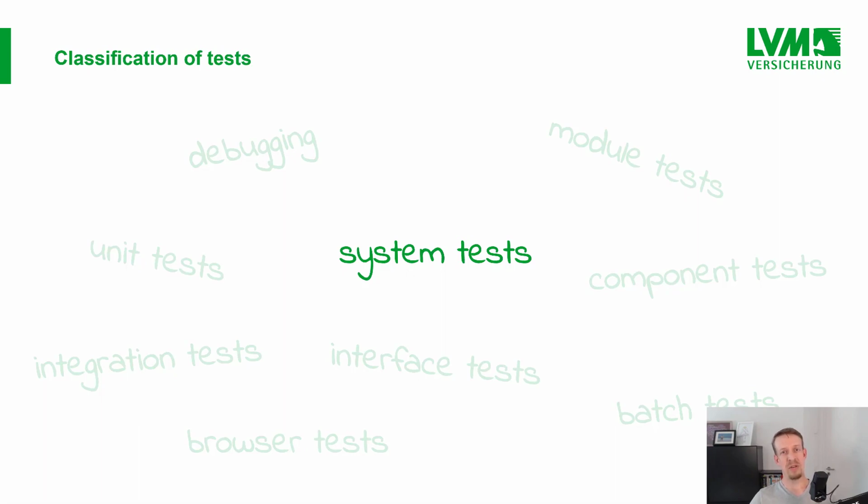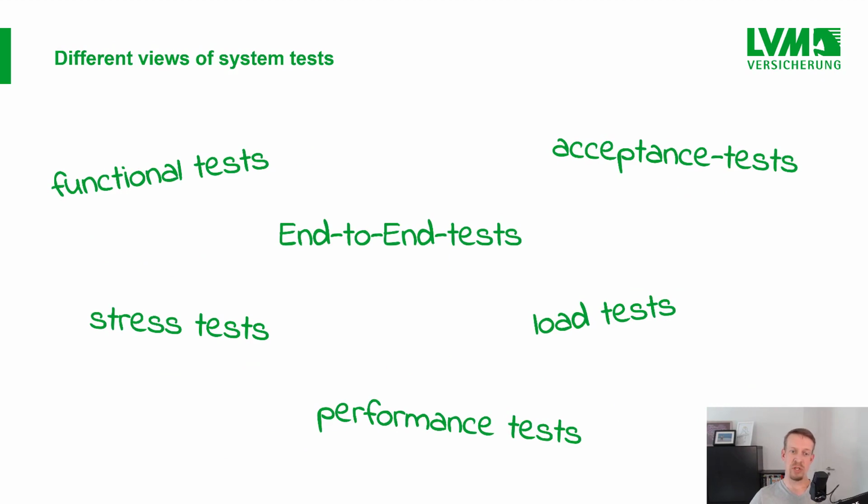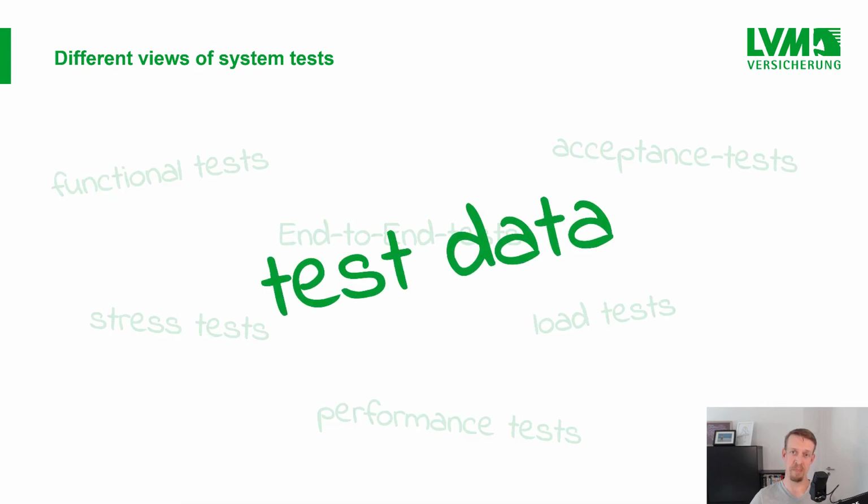System tests can be seen from different perspectives. We have functional tests, end-to-end tests, acceptance tests, stress tests, load tests, performance tests, and so on. All those tests have one thing in common. For them, we need test data. Question now is, how do we get that test data?